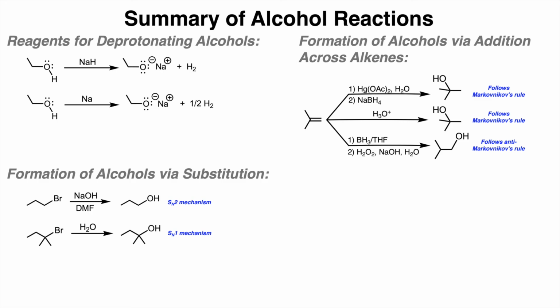Alcohols could also be formed by a substitution reaction, and its mechanism will depend on the type of alkyl halide. And alcohols could also be formed by addition across alkenes. Both oxymercuration-demercuration and acid-catalyzed hydration add an alcohol to the more substituted side of the alkene, while hydroboration-oxidation adds an alcohol to the less substituted side of the alkene.